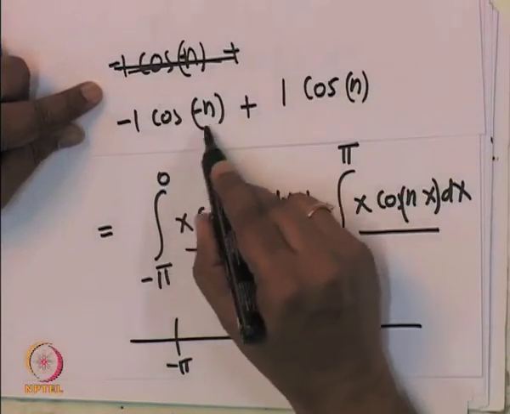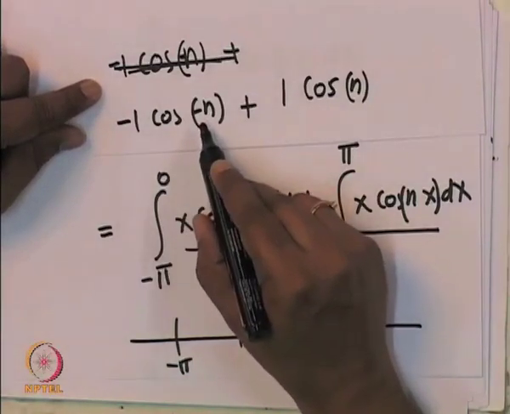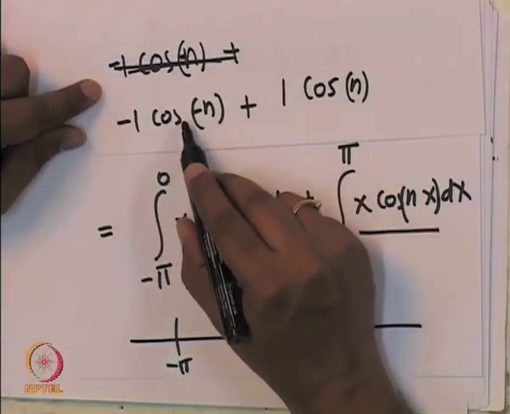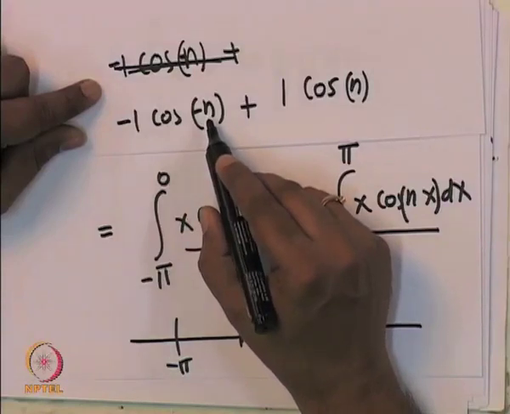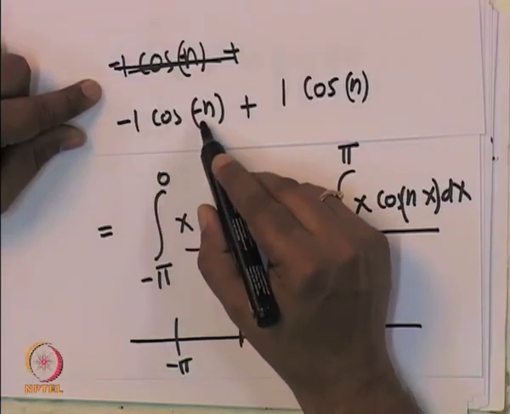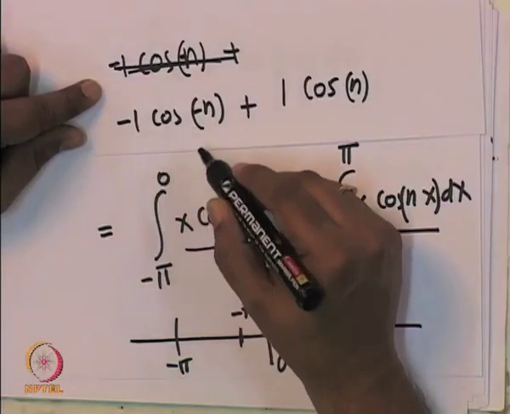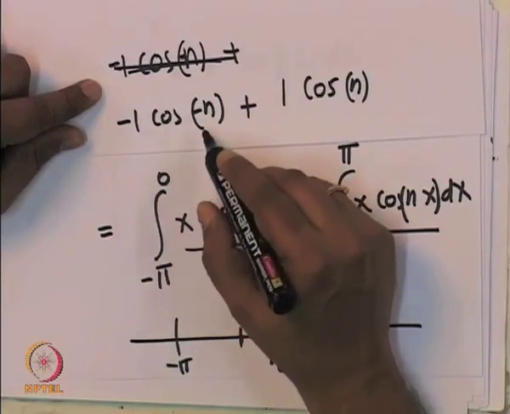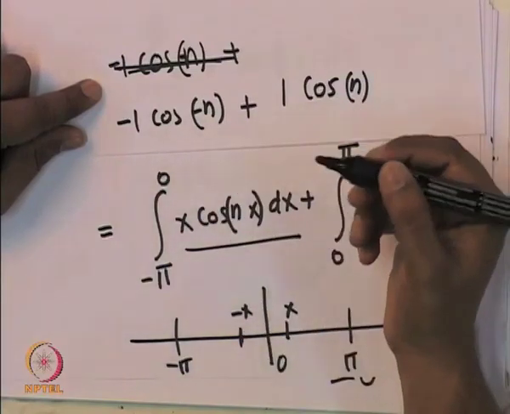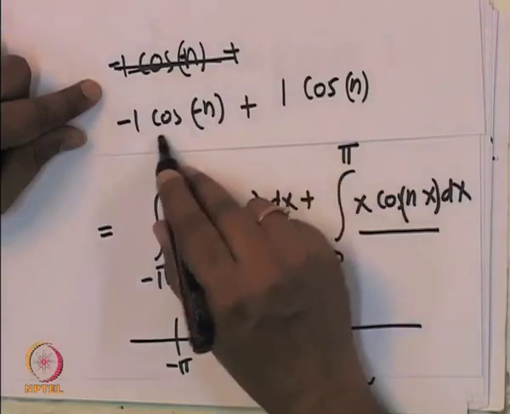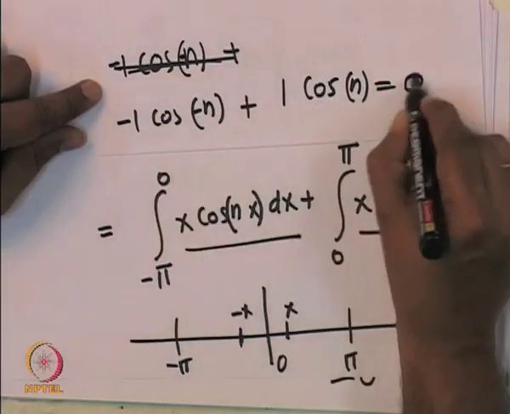You know that cos of minus n is cos n itself, because cos is an even function. So this whole thing is 0.